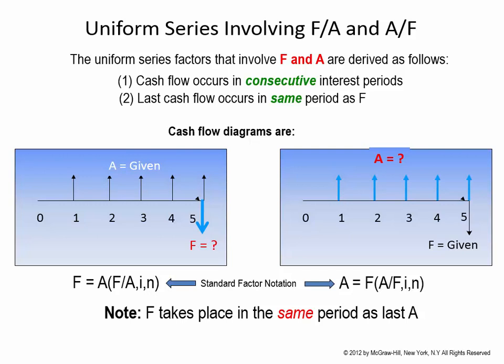You'll notice that the known amount is in year 5, and that's when we have to make a payment. Well, we have the revenue coming in year 5 as well. The key things I want you to remember is there's nothing happening in year 0, and the F and the last A are in the same year. This one shown is just for year 5.